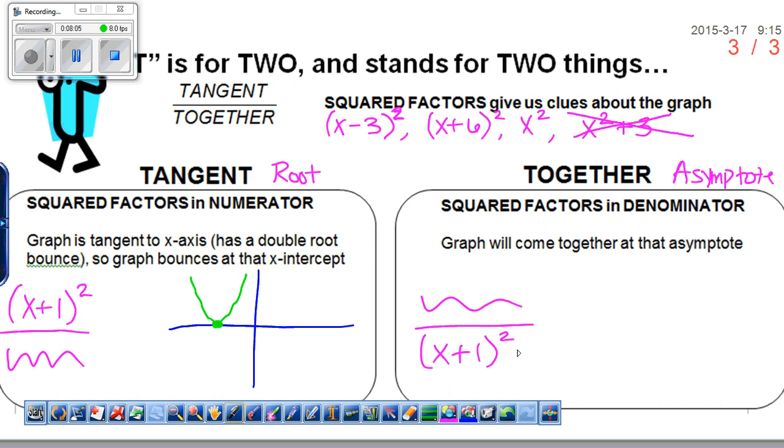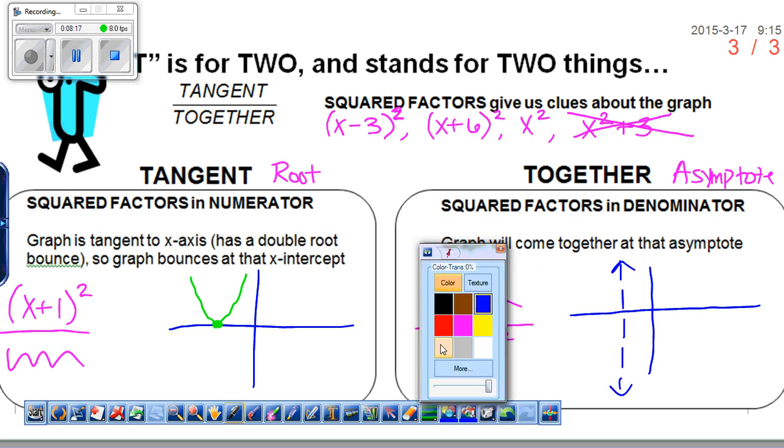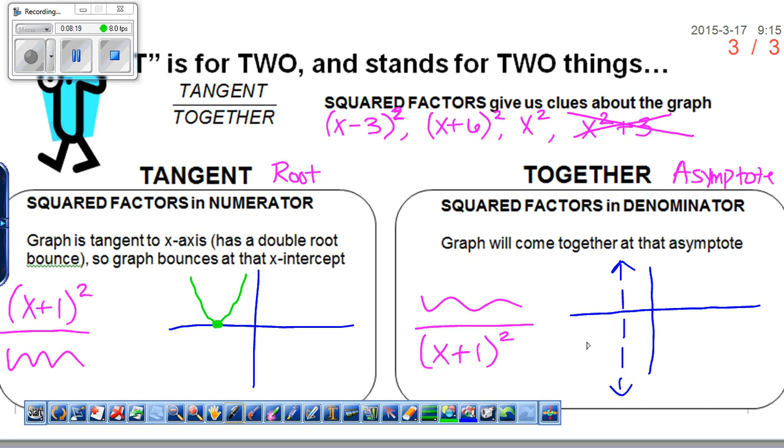If you have a squared factor in the denominator, what that's going to create is, at that vertical asymptote of x equals negative 1, your graph is going to come on both sides of the asymptote going in the same direction. So either both sides are going down or both sides are going up.